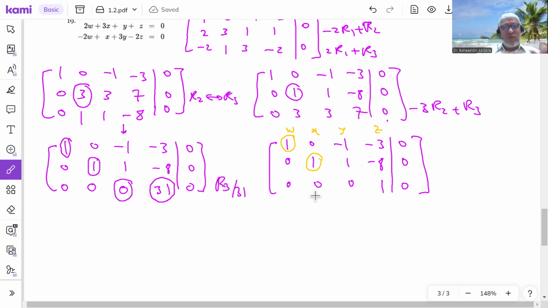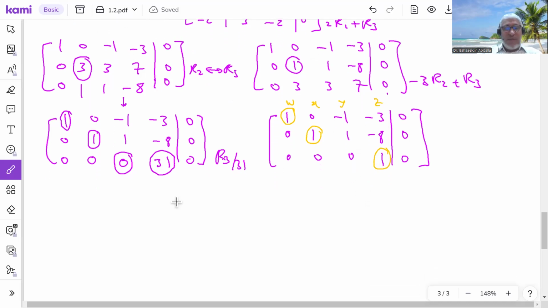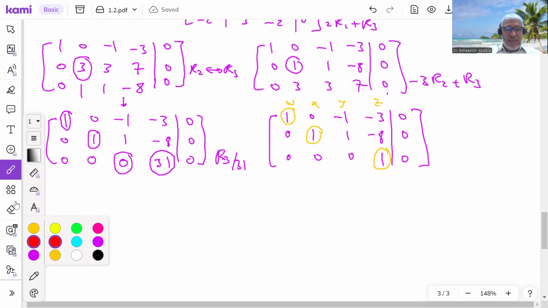In a column, there is only one leading one. So for Y, there is no leading one. For Z, there is a leading one, which is this one. So if you use Gauss-Jordan here, you should continue to make negative 8 and negative 3 zeros using this leading one. But I'm using Gaussian elimination, so I'll stop here and write the equations, okay, the system.